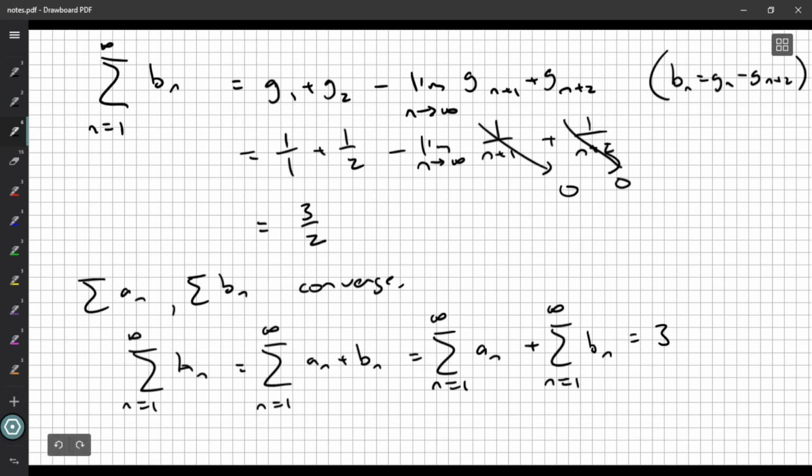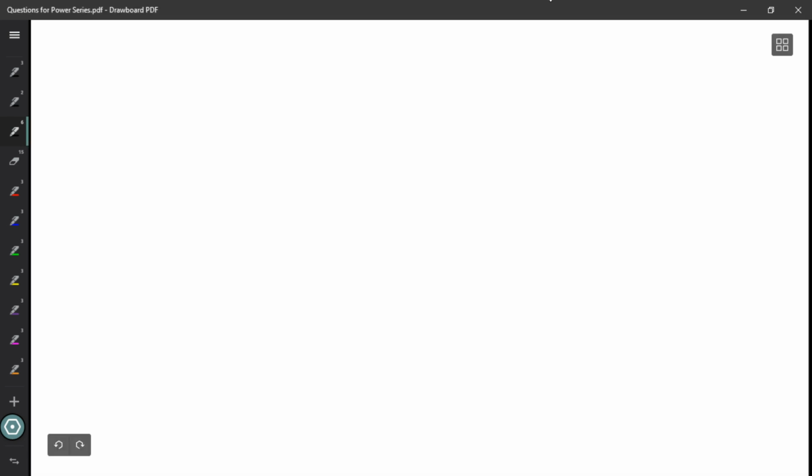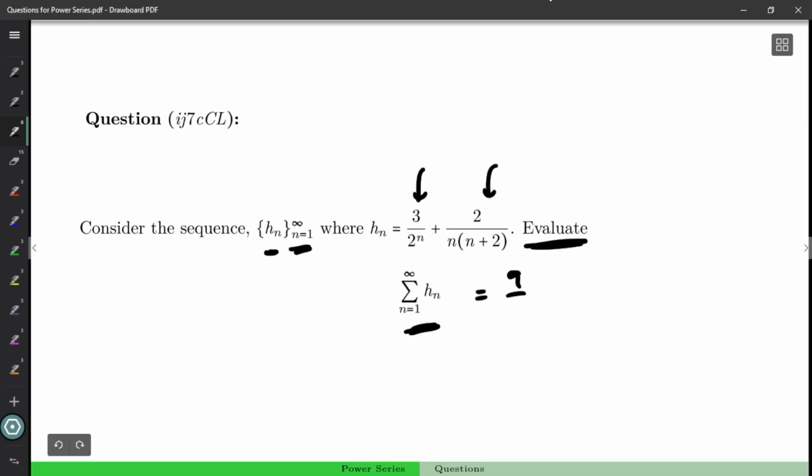So in this case, the sum of our geometric series was 3, and the sum of our telescoping series, 3/2. 3 is 6 over 2, so we get 9/2, or 4.5. So we have actually evaluated the series for the h_n's: 9/2 or 4.5, either or. I'd probably stick with the fraction myself, but I know some people love their decimals.